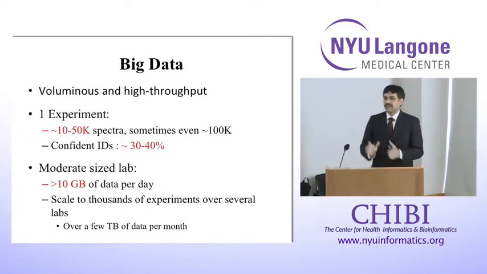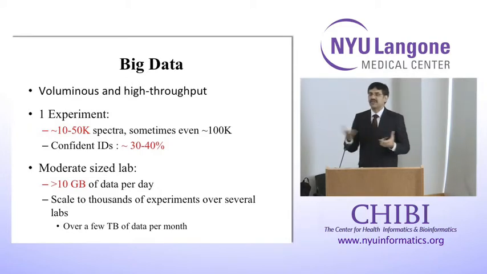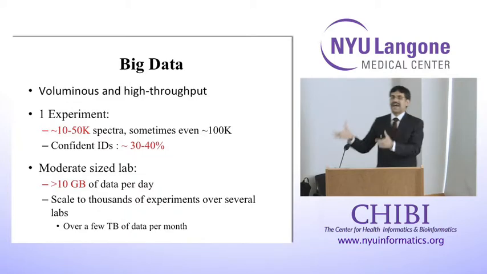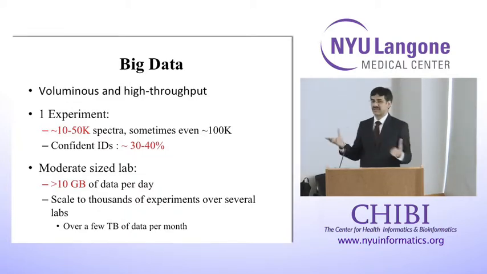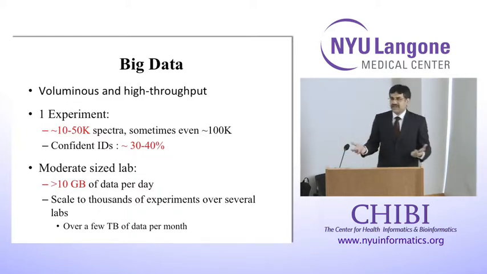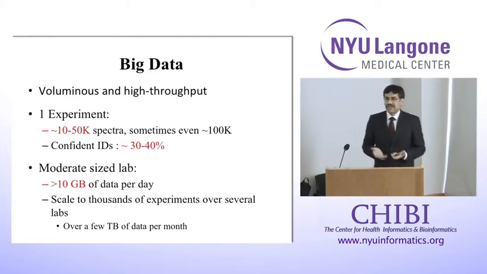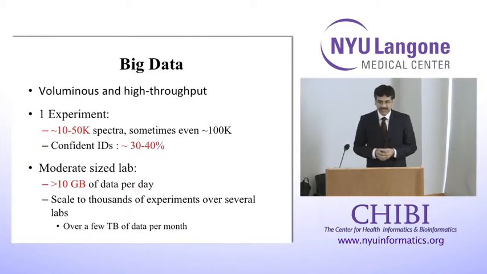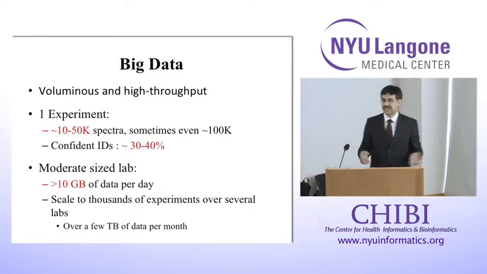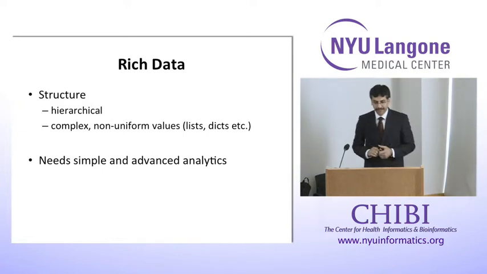When you do peptide identification, roughly 30 to 40% of them get assigned confidently with peptides. So we have that extra information for 30 to 40% of those spectra. And any moderate-sized lab can generate several gigabytes of data per day. And if you scale that to thousands of experiments, you can easily generate several terabytes of data in a month. Okay, so that's quite a large amount of data.